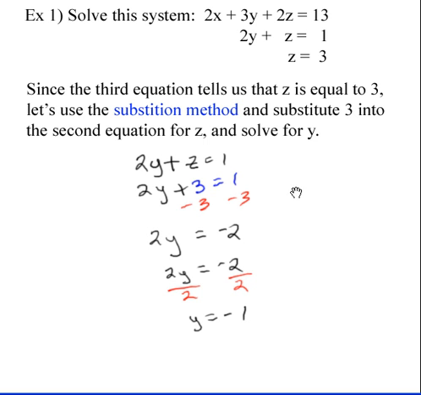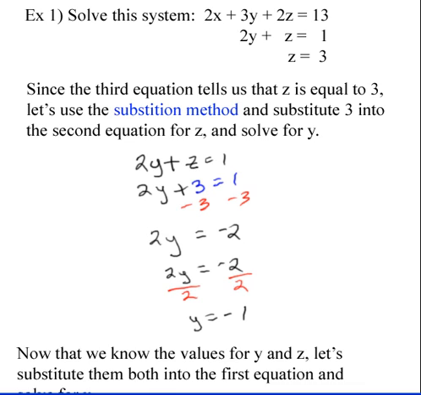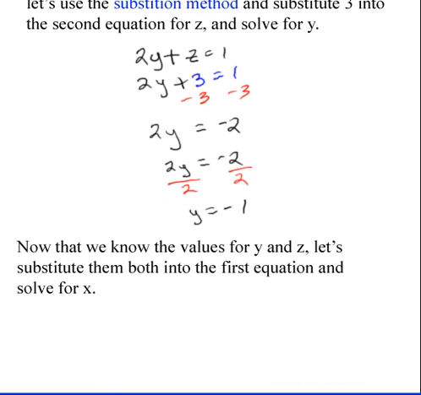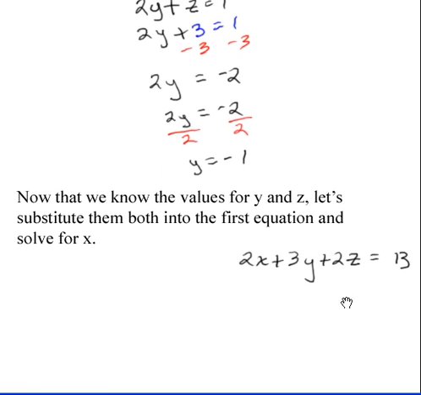Well, at this point, we know what z is, we know what y is, and we can substitute both of those values into this first equation to try to find out what x is. So let's do that substitution. Let's take that first equation, 2x plus 3y plus 2z equals 13.